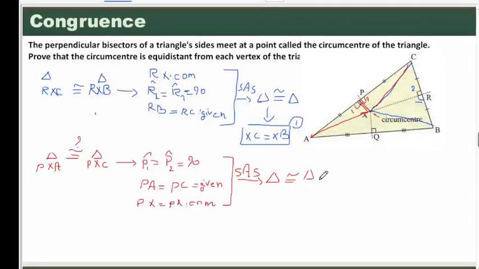They are congruent, so I can say their corresponding sides and corresponding angles are congruent. So I say XA equals XC. It's step two.